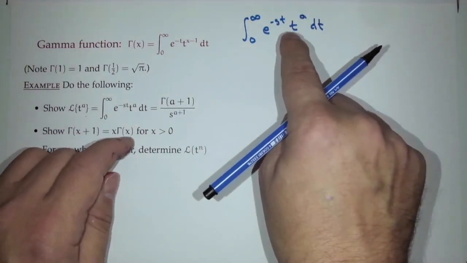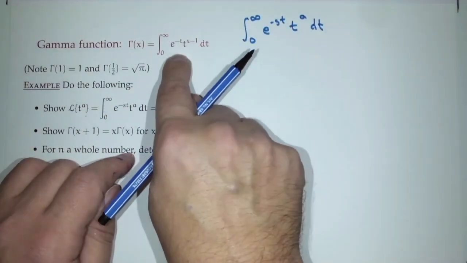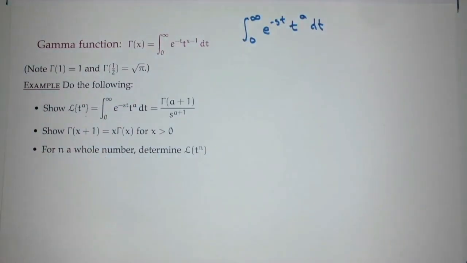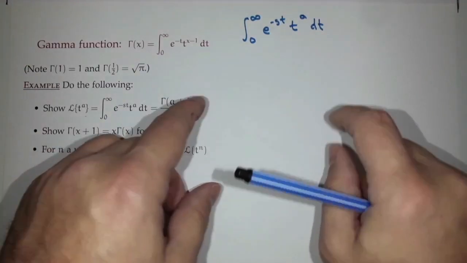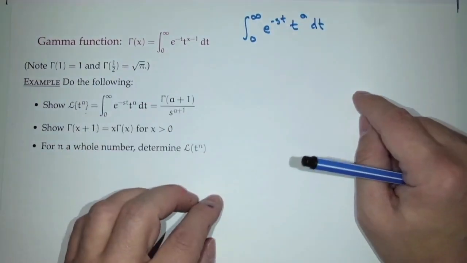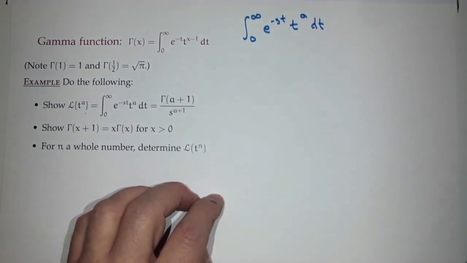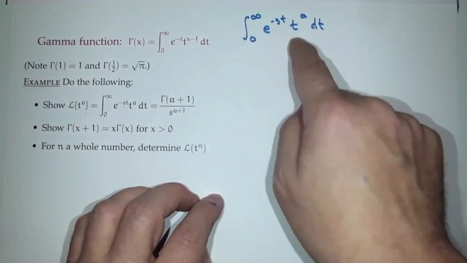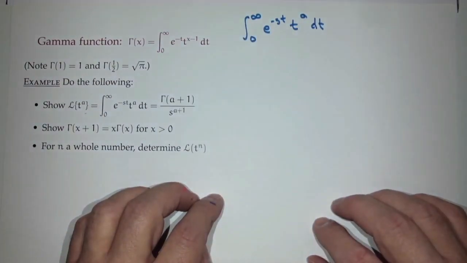Okay. So there's the Laplace transform of t to the a. Now our goal is make this look like that. So now we have to sit here and say, how do we make this look more like that? And what's the hard part of going from here to there? Getting the S out.